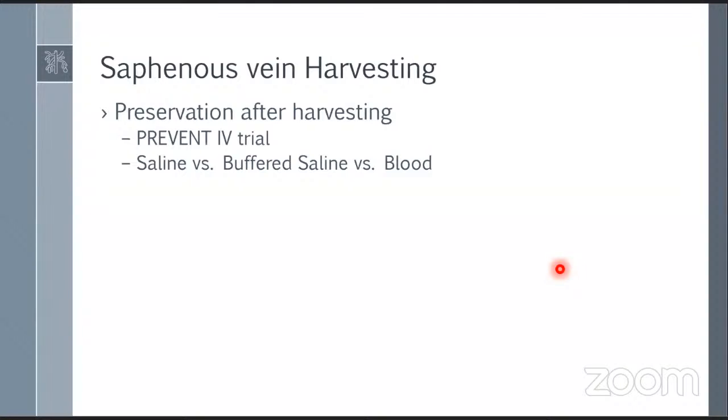Does anyone have anything to add regarding endoscopic and why it has the potential? Yeah, salam alaikum. Alaikum salam wa rahmatullah. So what I know, as you said, Dr. Faisal, is that the more manipulation of the vein, the more injury to the vein. This is one.